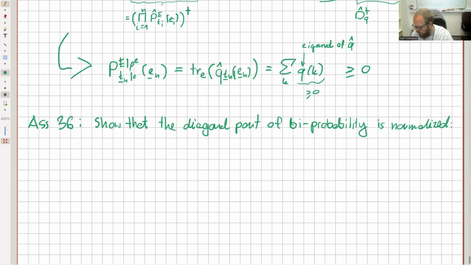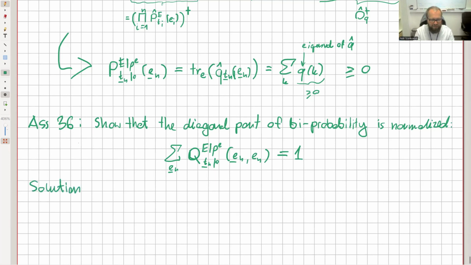That is, we want to show that if you take the sum over the whole sequence of E's of Q, rho, E, whatever the sequence of timings, En, equals what? Solution. This is pretty easy to show.